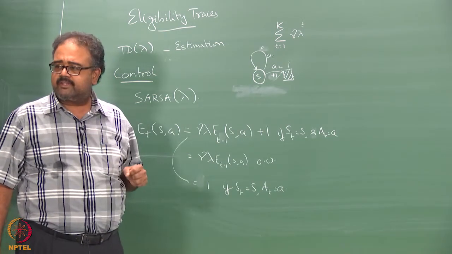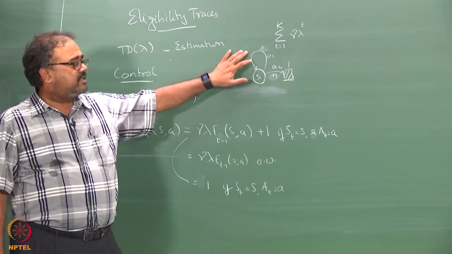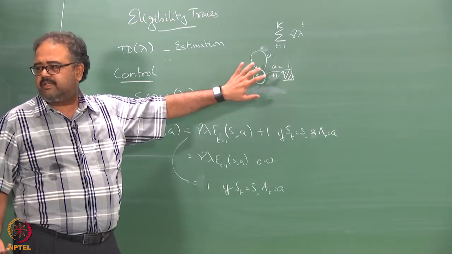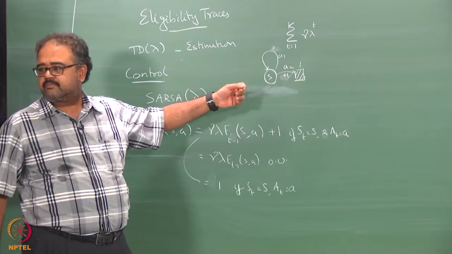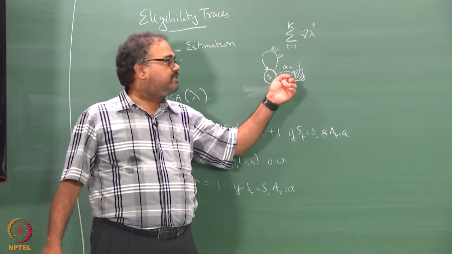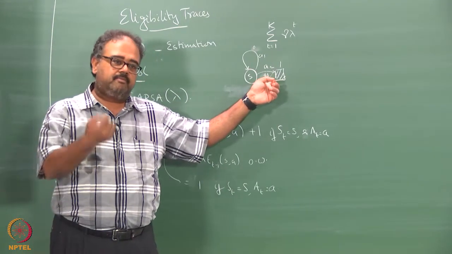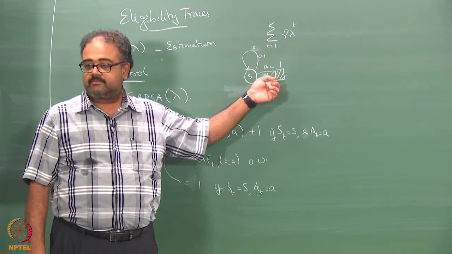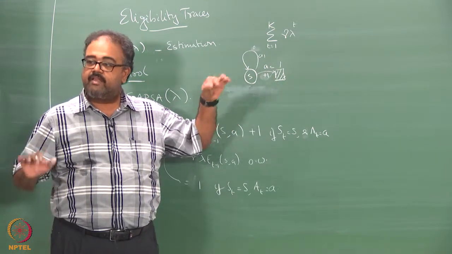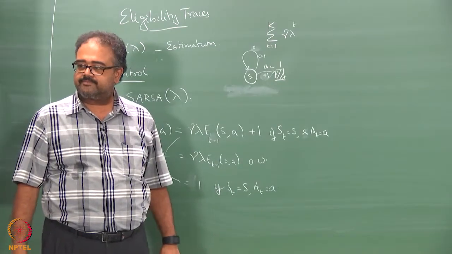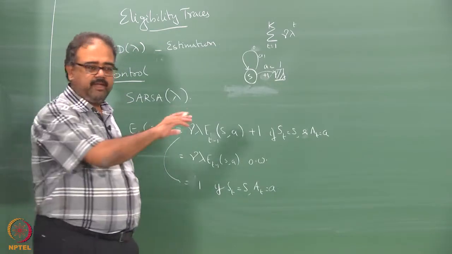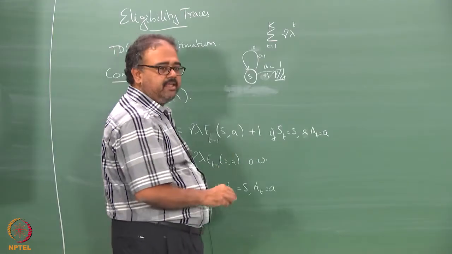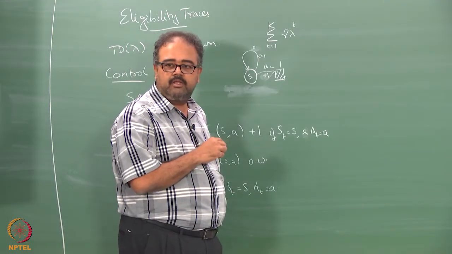Even if I use replacing trace, what will happen? That guy will get gamma lambda. It could still be a large number. So the rate at which my A2 will actually come to beat my A1 will be very, very slow, but replacing trace will eventually fix your problem. So accumulating traces are bad typically if you are doing control.